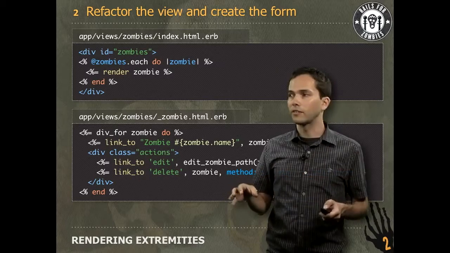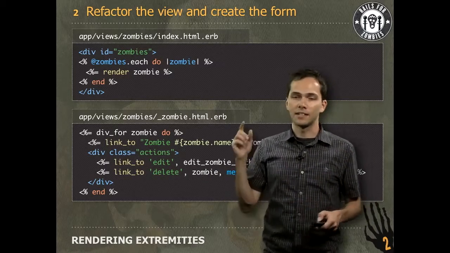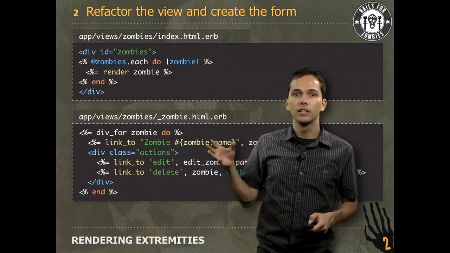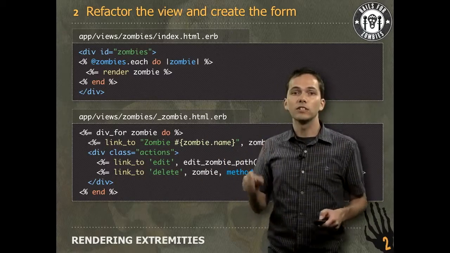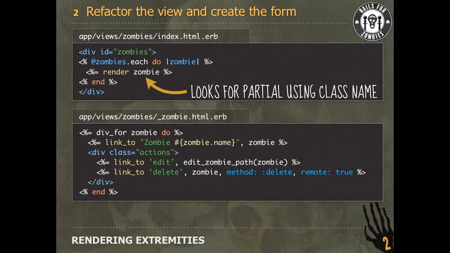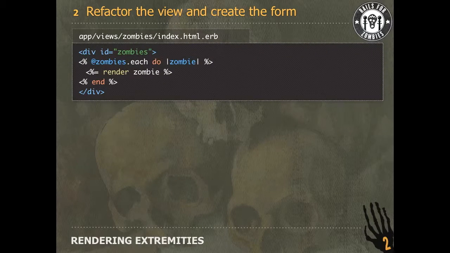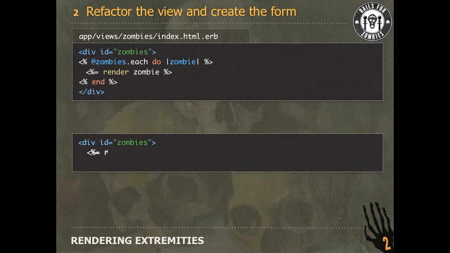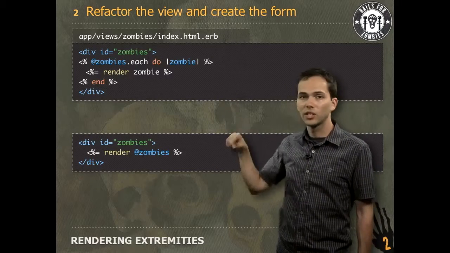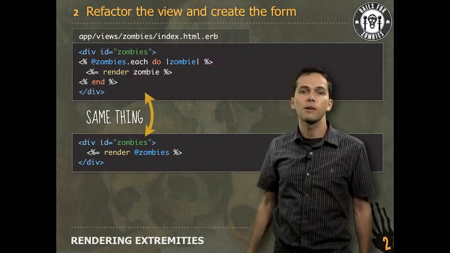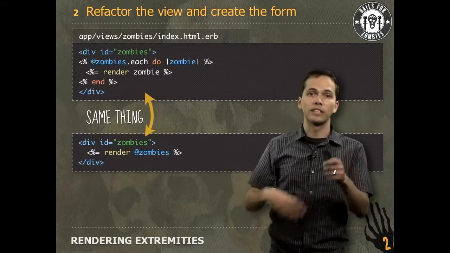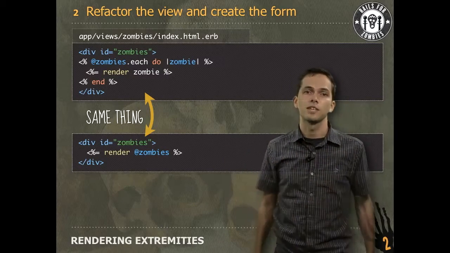What's happening under the covers is that Rails is looking at that zombie ActiveRecord model, looking at the class, and then looking for a partial for that class, which by default is going to be the _zombie file in the zombies directory. We can actually refactor this loop to do just render @zombies. So those two things there, they're the same thing. Rails is smart enough to know that we have a group of zombies, we want to iterate over them and render out the zombie partial.